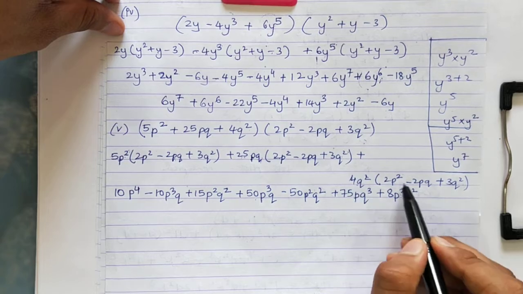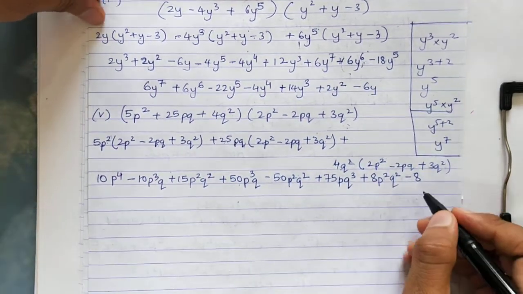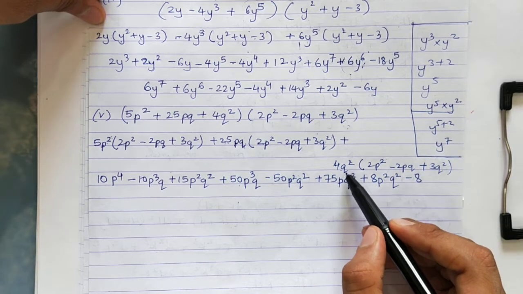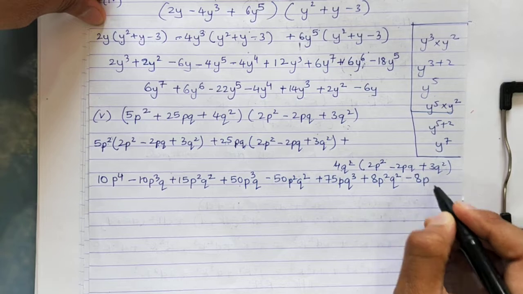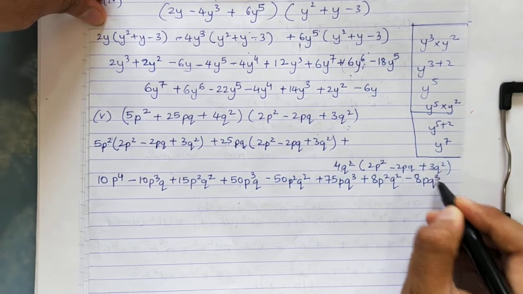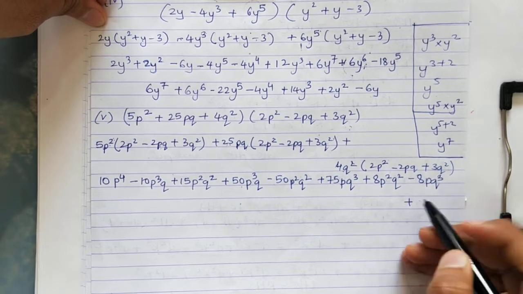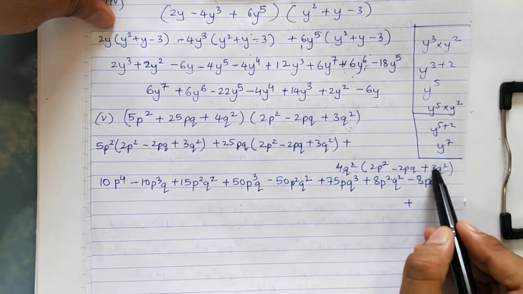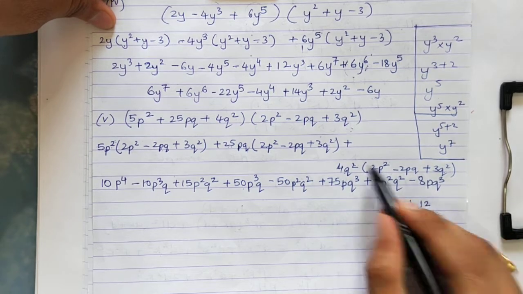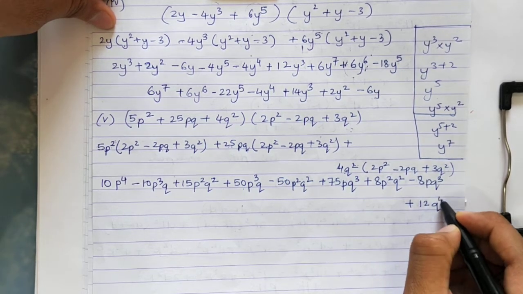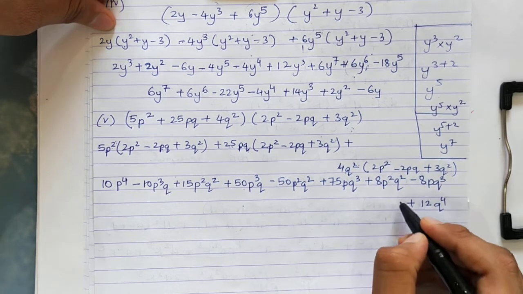Then 4 into minus 2, minus 8, q square into pq, so it is pq cube. Plus 4q square into 3q square: 4 into 3 is 12, q4.